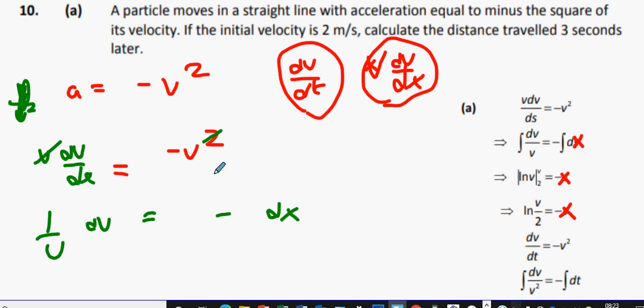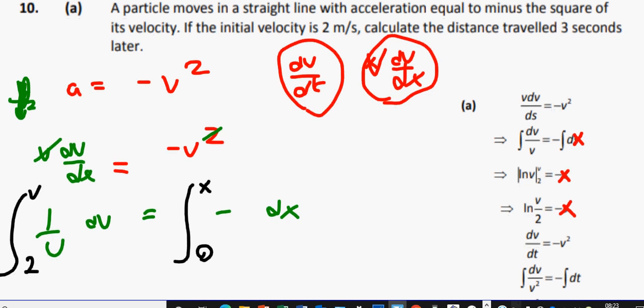We'll put in our limits. What do we reckon? Its initial velocity was what, guys? 2. It means it travelled no distance at that point in time. This is x, and this one here is v. Integrate, and what do we get?